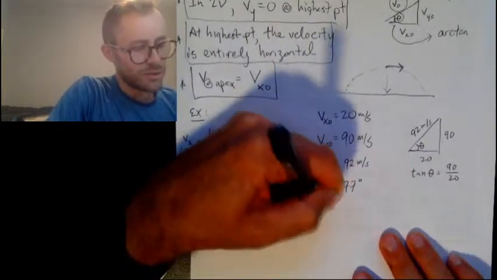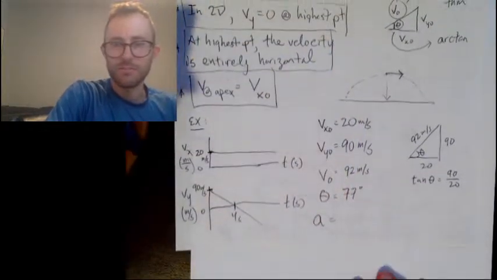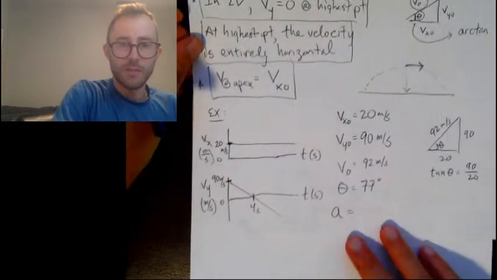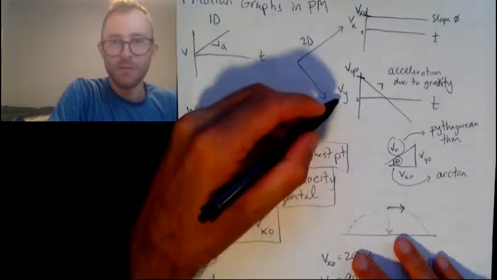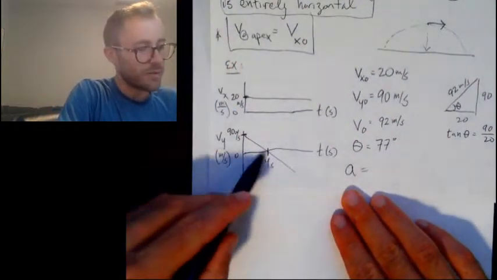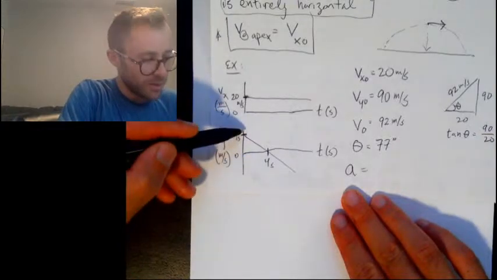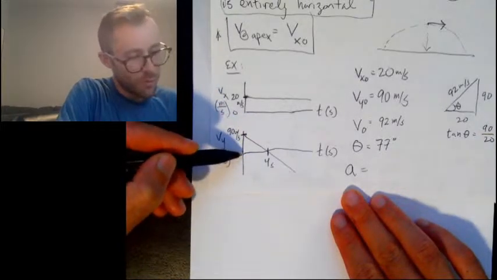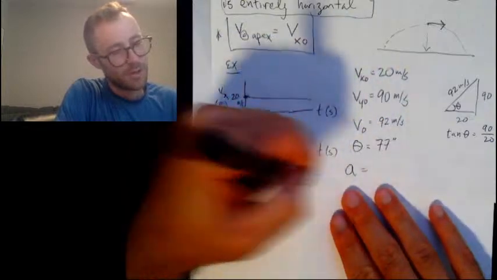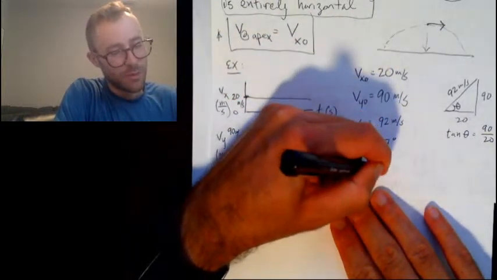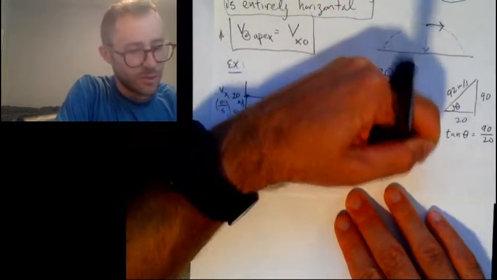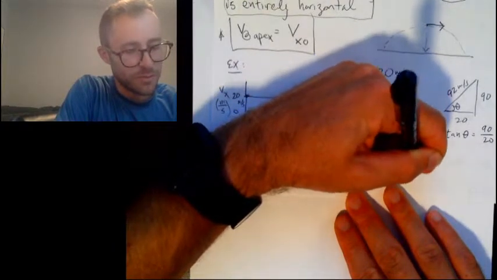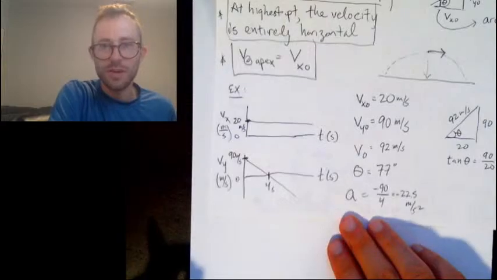What is the acceleration due to gravity on this planet? To figure out the acceleration due to gravity, I want the slope of the y velocity graph. Okay, so I'm going to get the slope of this graph. I can see that this graph goes down 90 and it goes over 4. Okay, so negative 90 over 4 is the slope, which is negative 22.5 meters per second squared, the acceleration due to gravity.